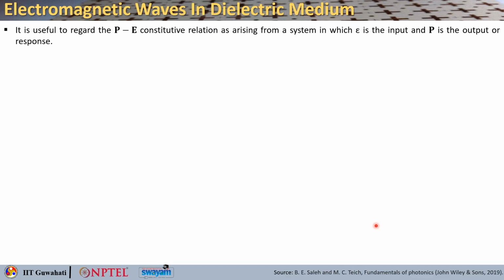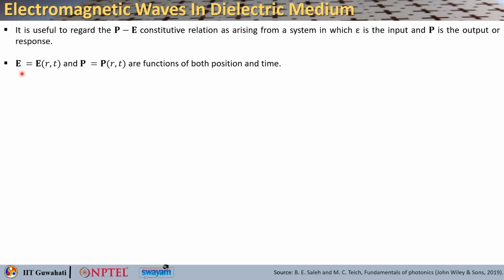Now, with that we will see how electromagnetic waves behave in a dielectric medium. It is useful to regard the P-E constitutive relation, where P is the polarization density and E is the electric field. That arises from a system in which E is the input and P is the output, or you can say the response.